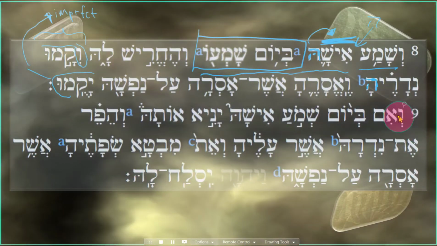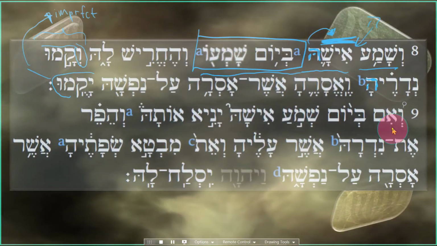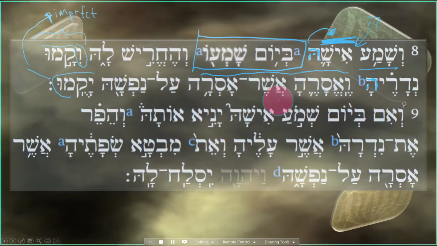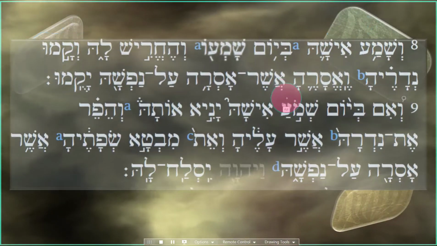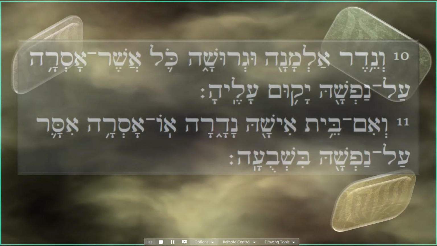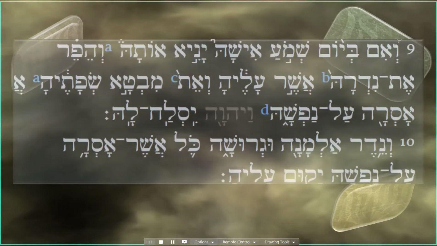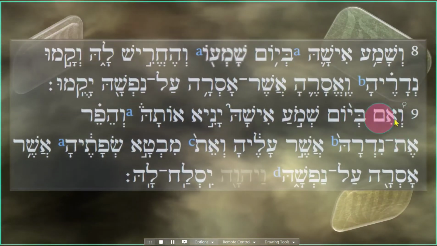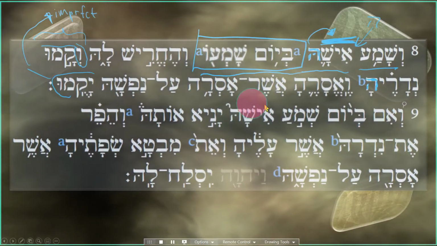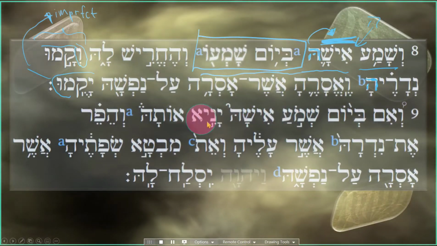All right. So ve'im b'yom shemo'a. What's that mean? And if in the day her husband hears. Good. Okay, sorry, my slides advanced again. Go back. There we go. And if in the day her man, her husband, shomo'ah, hears, yani otah.